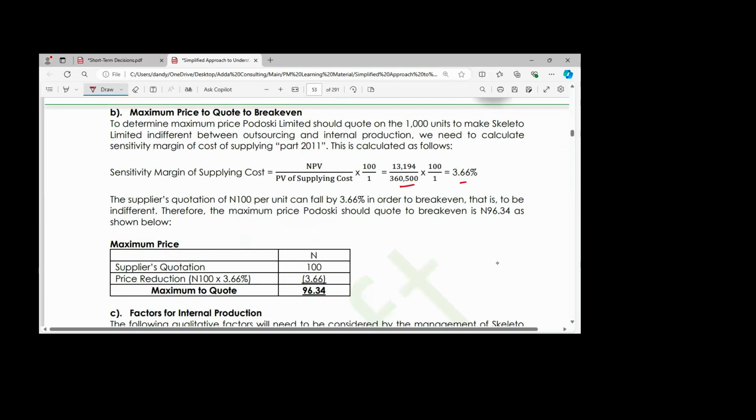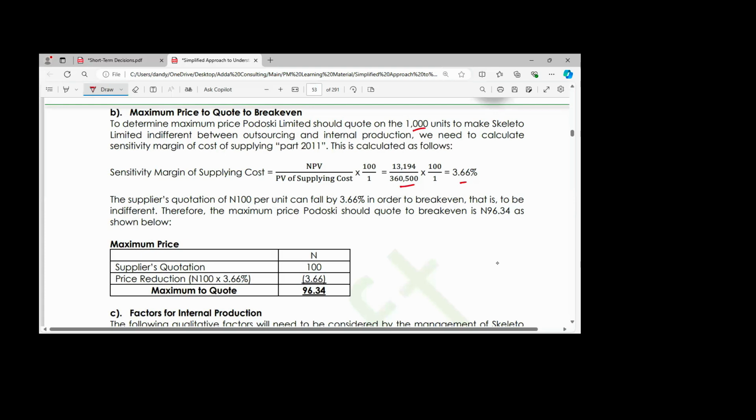What this simply means is that the 100 naira per unit supplying cost can fall by 3.66%. Anything below this, the NPV that is 13,194 will become zero, or will become less than zero.